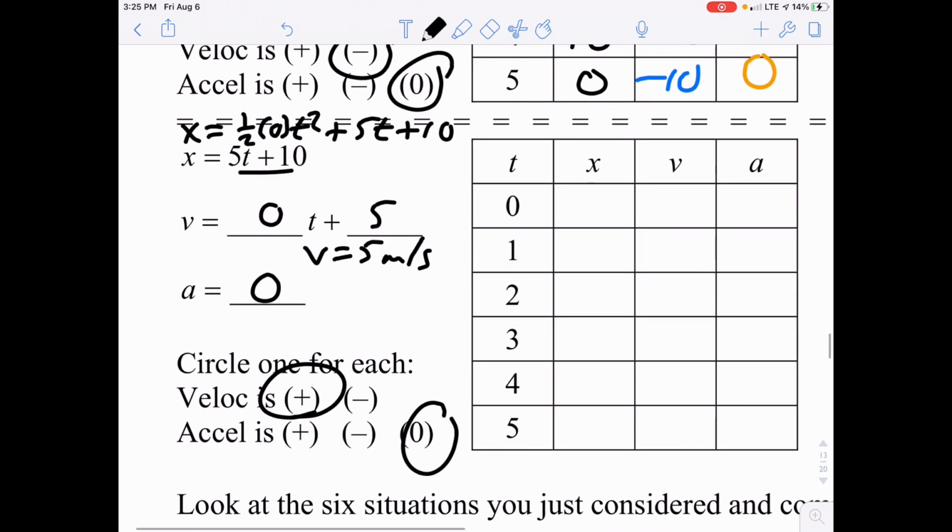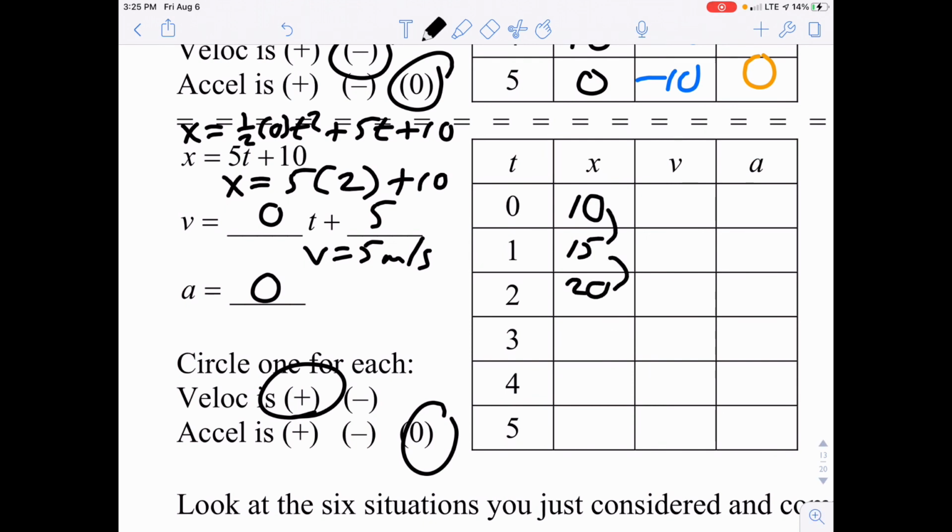So plugging in, x is equal to 5 times t plus 10. If I put a 0 in there, 5 times 0 is 0, plus we start at 10 meters. If I put a 1 in there, 5 plus 10 would be 15. If I put a 2 in there, 10 plus 10 would be 20.